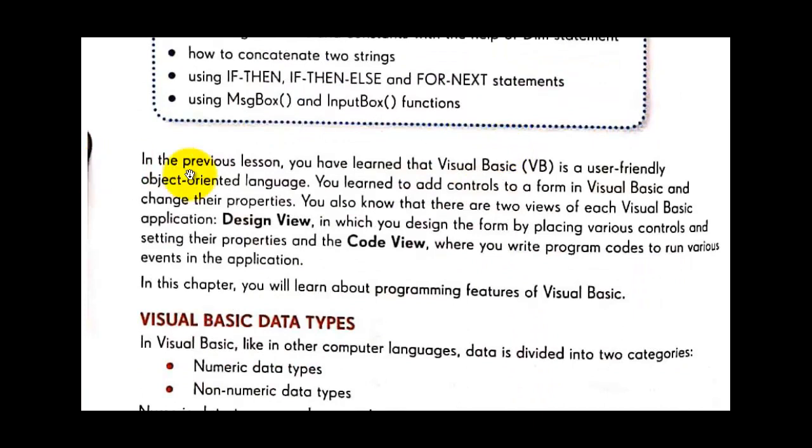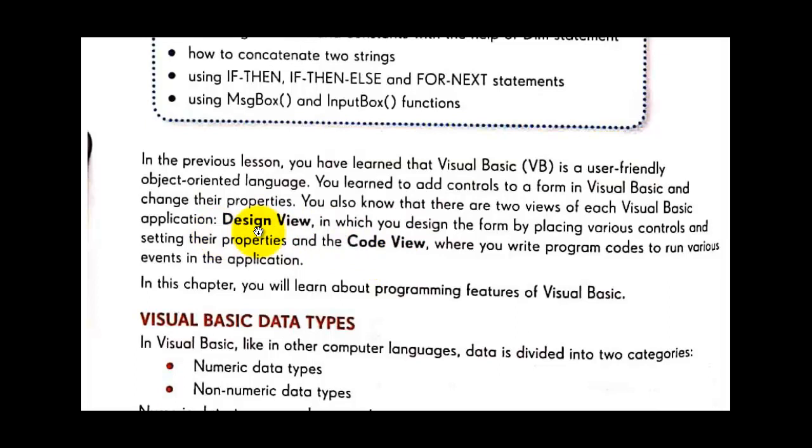Now in the previous lesson, that is chapter number 6, we have learned that Visual Basic, that is VB, is a user-friendly object-oriented language. You learned to add controls to a form in Visual Basic and change their properties. You also know that there are two views of each Visual Basic application. The first one is the design view and the next one is the code view.